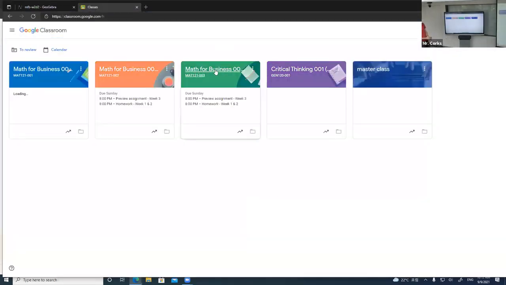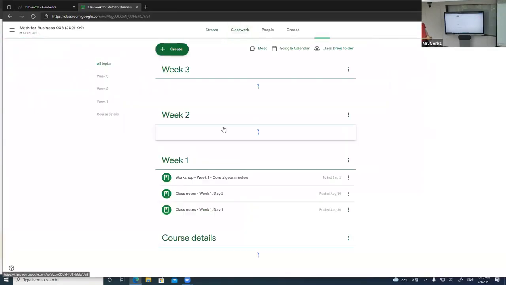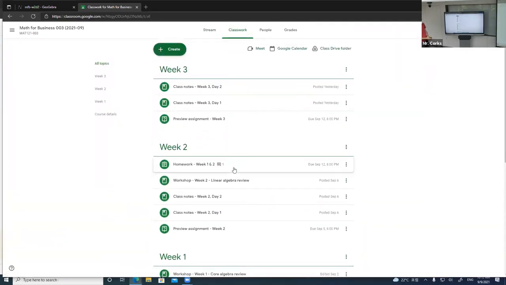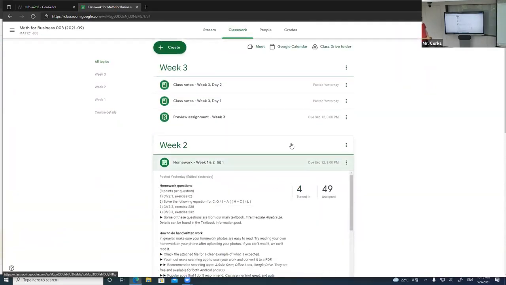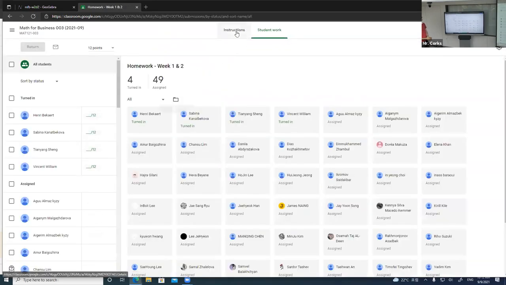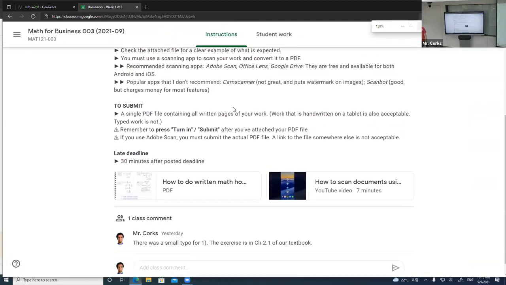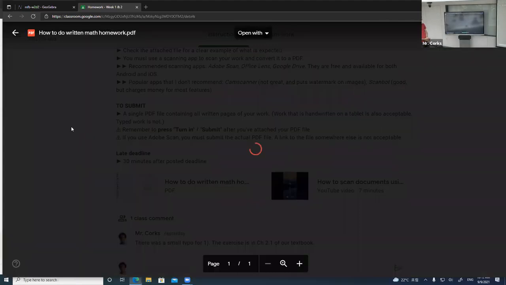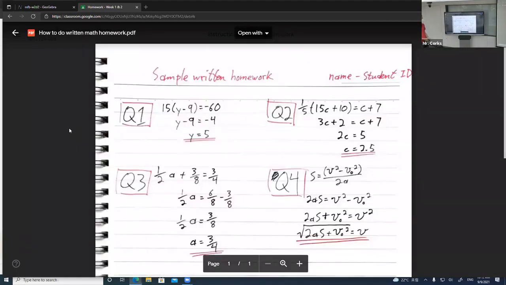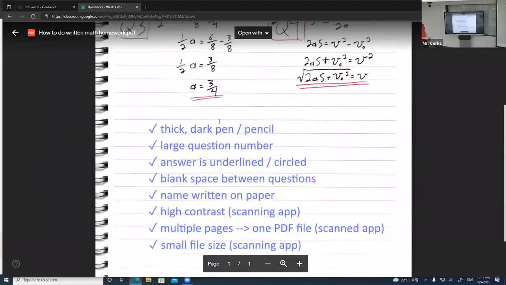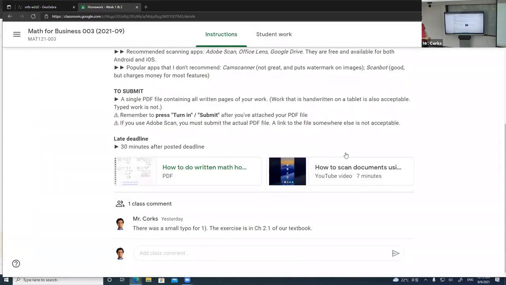On our classroom page, under the scanning homework section, at the bottom here, this is what the work should look like, along with tips, and a video of me using these 4 different scanning apps.